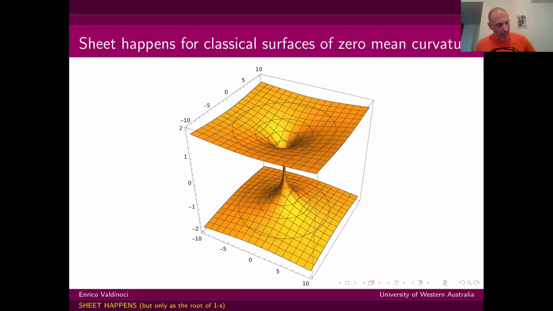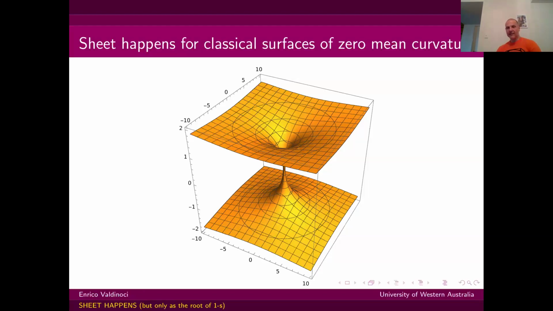Now, as I was anticipating in the title, when you do complicated things, bad things can happen, and that's not a good thing in general, right? What do I mean by that? Well, for instance, even in the classical case, what I'm drawing here is a catenoid. Now, the catenoid is a nice surface with zero mean curvature.